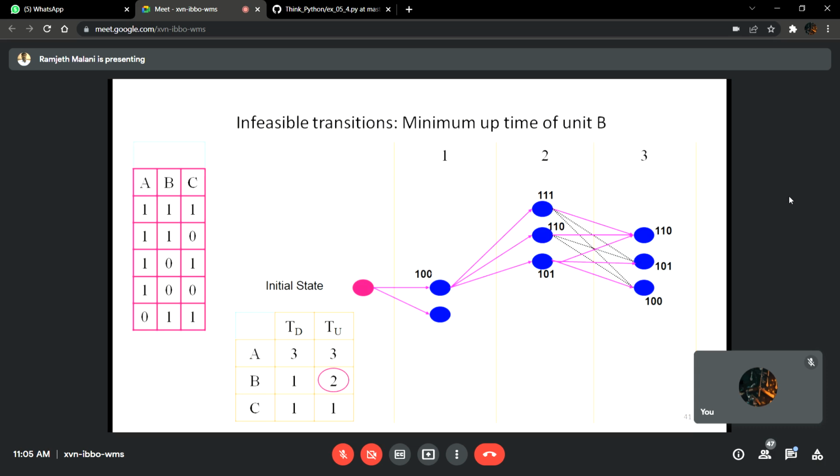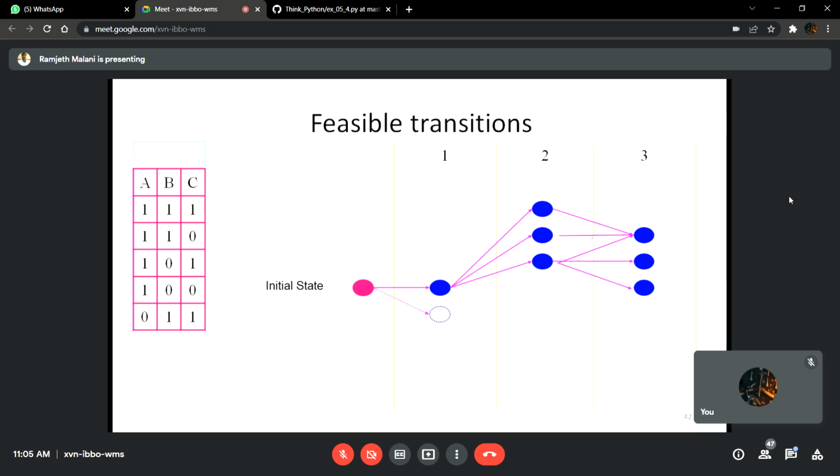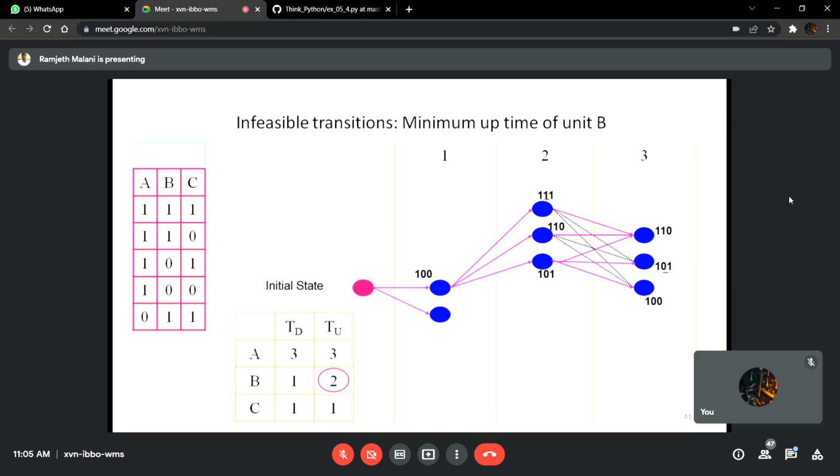At this point, the second unit was off. Here, the second unit is on. If you move to this point, again the second unit is on. If you turn on unit number 2, you should maintain it in on state at least for 2 hours. So you are not able to justify that constraint now. This is an infeasible path.